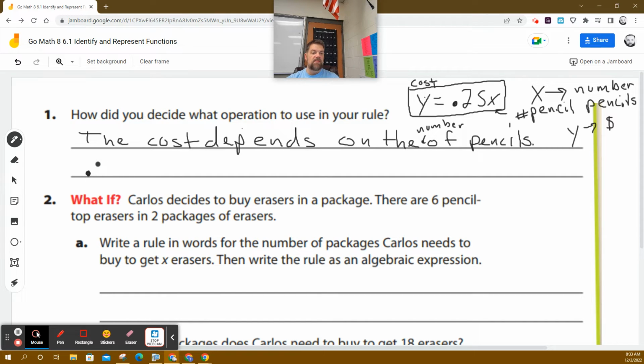So then 0.25 times the number of pencils is the cost.